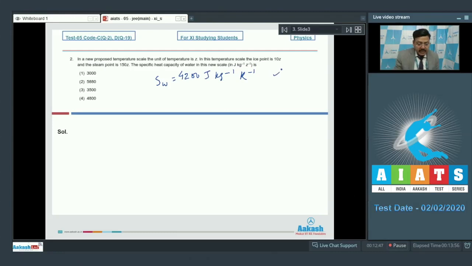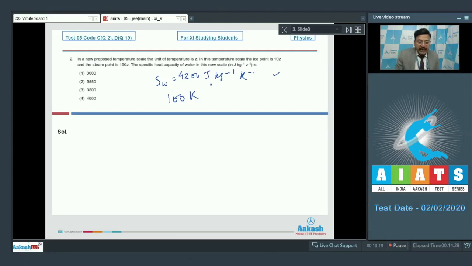And for that, we see that the difference of the steam point and the ice point in Kelvin is 100 Kelvin, right? We know that the steam point in degrees Celsius is 100 degrees Celsius and ice point is 0 degrees Celsius. So the difference is 100 degrees Celsius between the two, and a difference of 100 degrees Celsius is the same as a difference of 100 Kelvin.